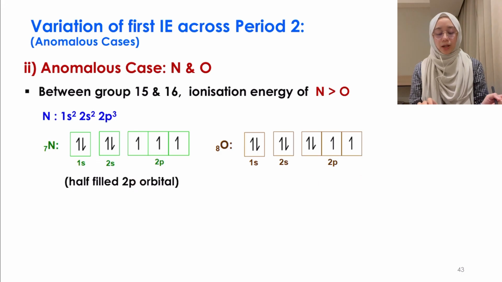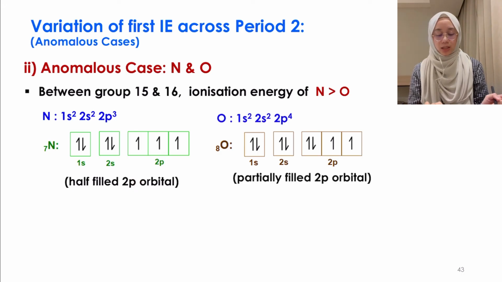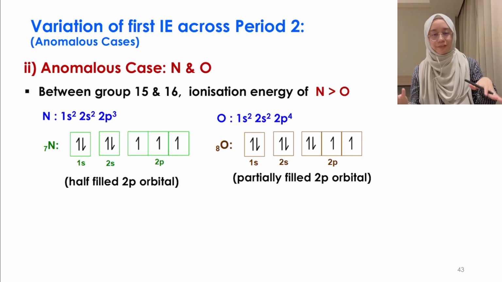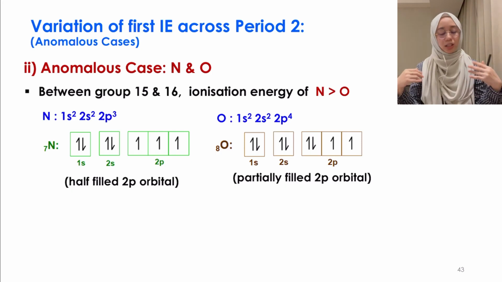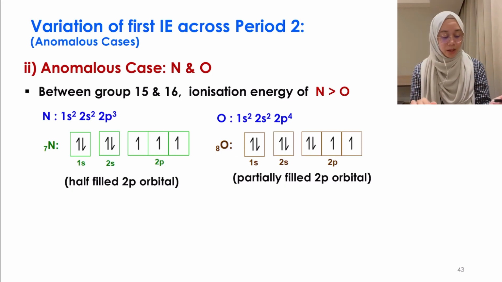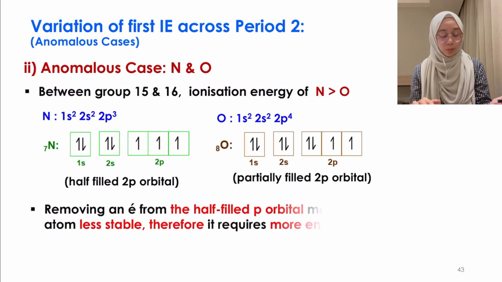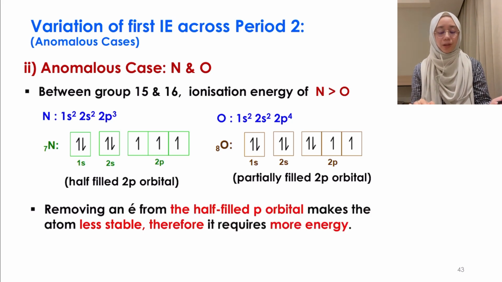Okay, meanwhile, kalau untuk oksigen pula, as you can see here, okay, so this is not considered as half filled lah. Dia terisi, but it is neither half filled or fully filled. Okay, so kita just panggil itu sebagai partially filled. So what you have to know is removing 1 electron from the half filled p orbital, it makes the atom less stable. Okay, therefore it requires more energy.